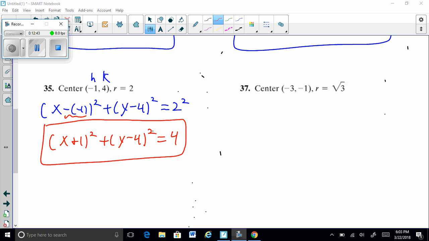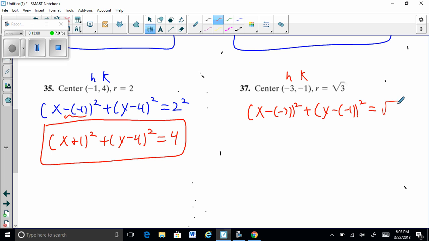All right. Okay, so on this next one, let's see, this is our h and k. So we're going to have x minus negative 3 squared plus, then we get a y minus negative 1 squared, and then we have equals the square root of 3 squared.